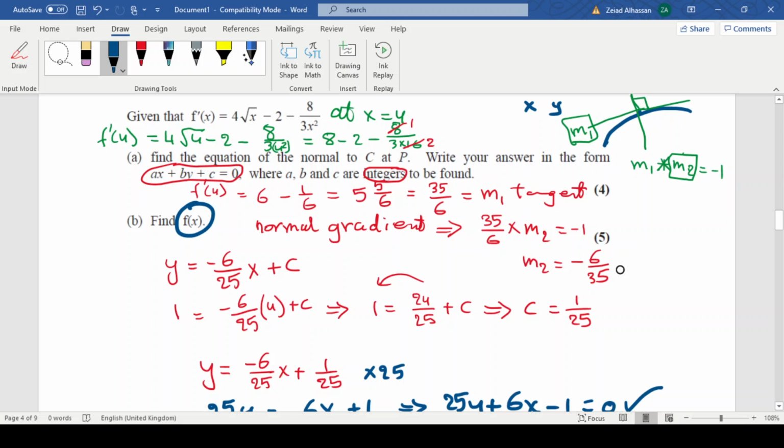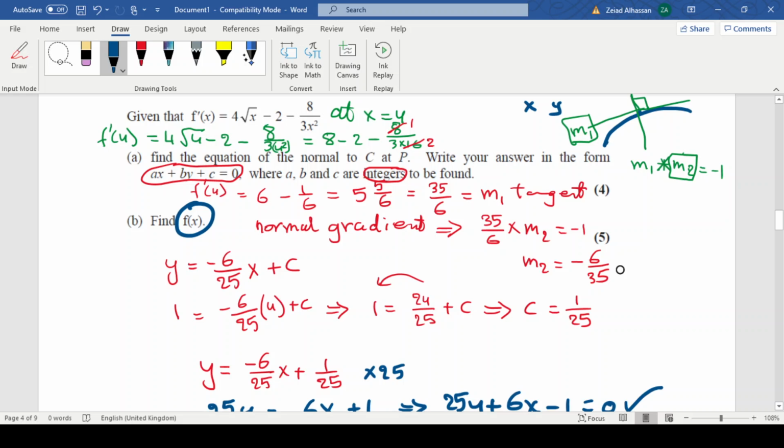Let's see. So we go now to simplify. That's 1 equals 64 over 3 minus 8 plus 2 over 3 plus c.